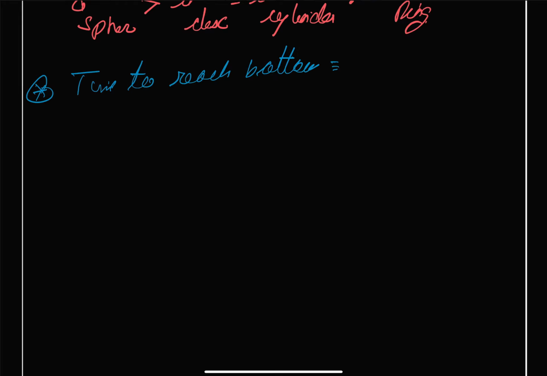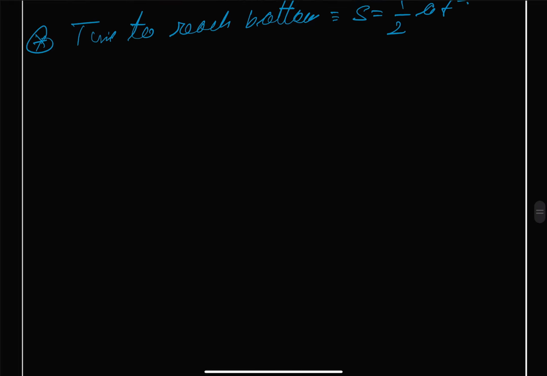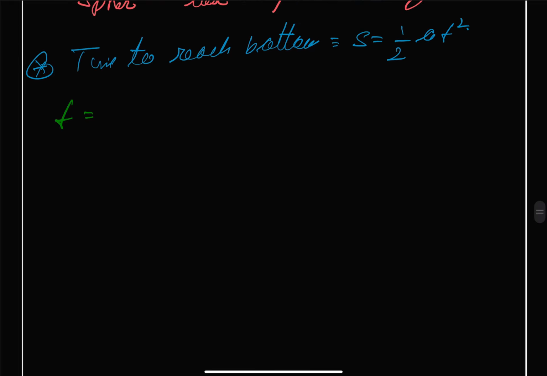Which is s equal to ut plus half at square. Initially u is 0, so we can say that s is equal to half at square, and from here we can say that t is equal to the square root of 2s upon a. And s is our constant part here, so t is proportional to 1 upon root a.